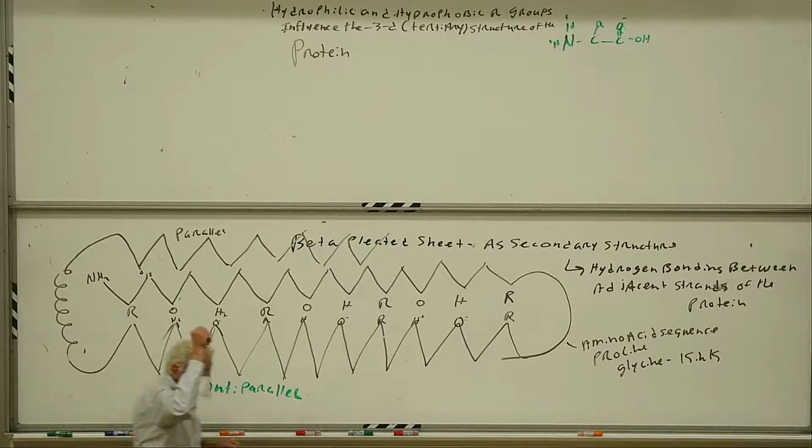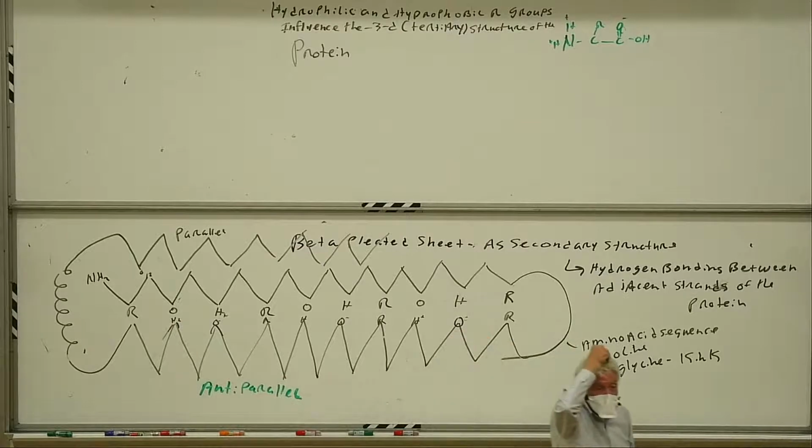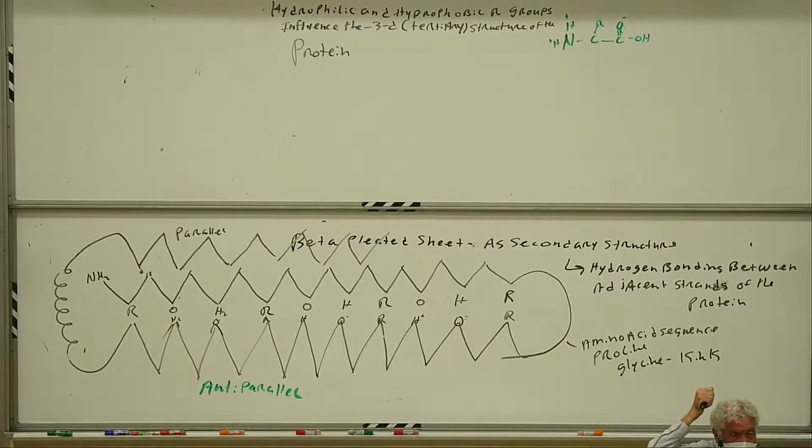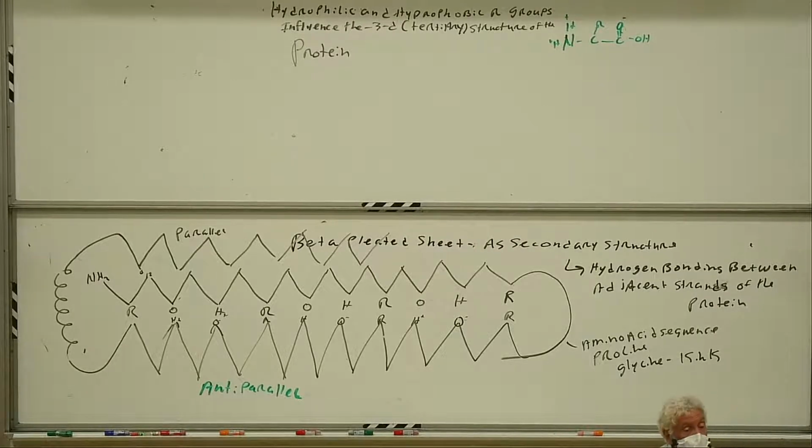Yes? So for the beta pleated sheet, you said it was between different strands. Are the strands part of the same amino acid chain? So the question is, we have adjacent strands, are they all part of the same amino acid chain? Yes, they're all part of the same primary structure.